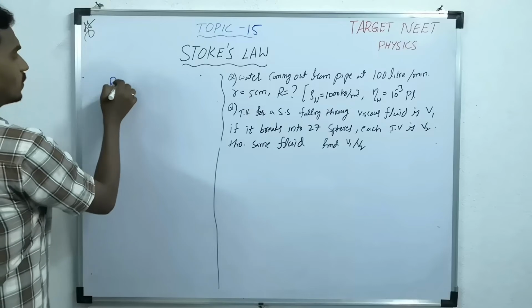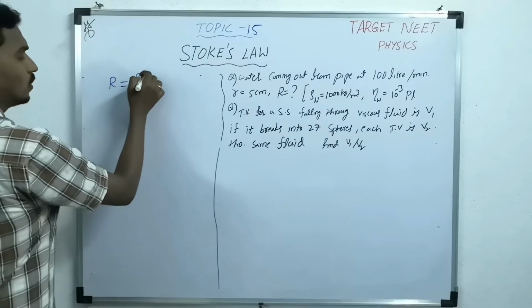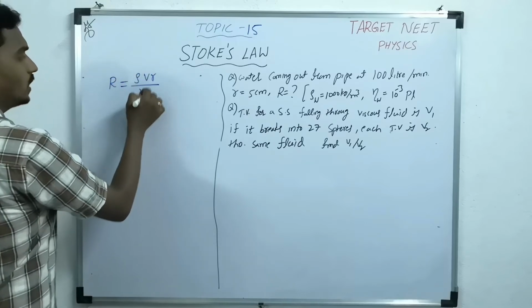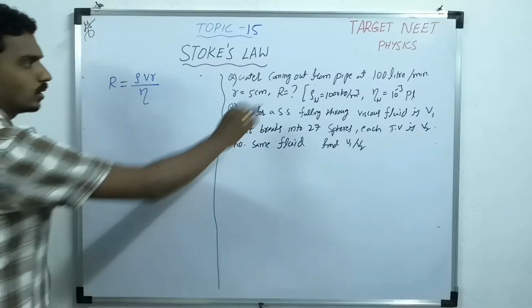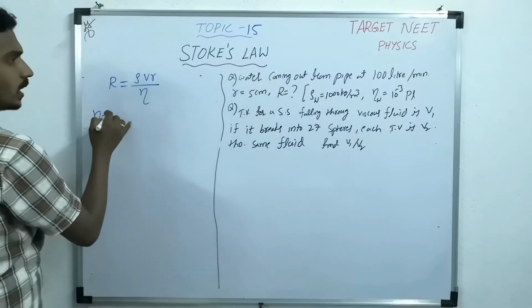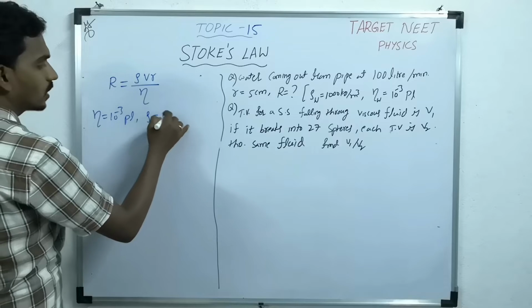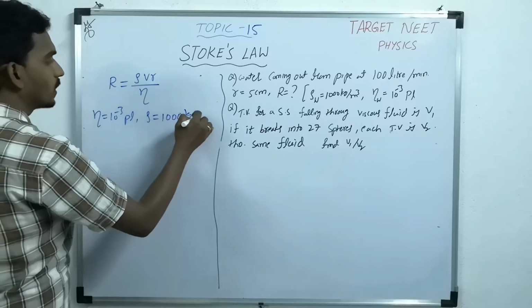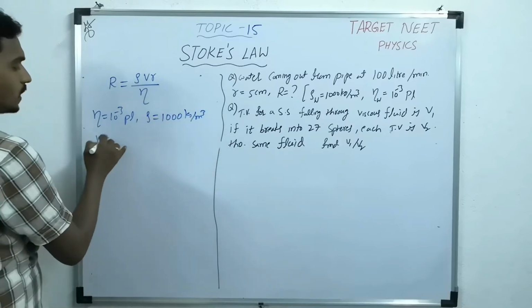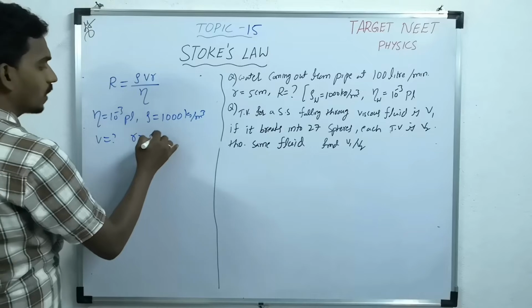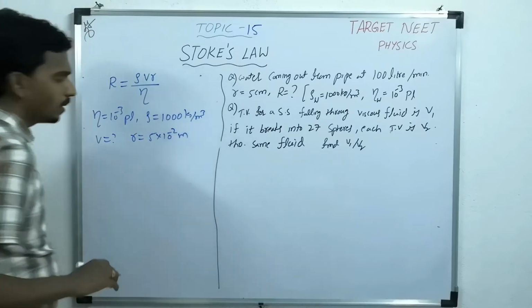The Reynolds number formula is rho v r by eta. Now if you take the values, eta is 10 power minus 3 Poiseuille and density of the water is 1000 kg per meter cube, speed is not given, but radius is 5 into 10 power minus 2 meter.